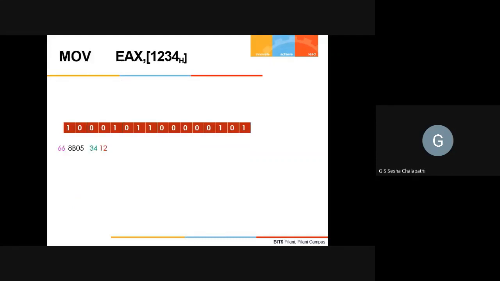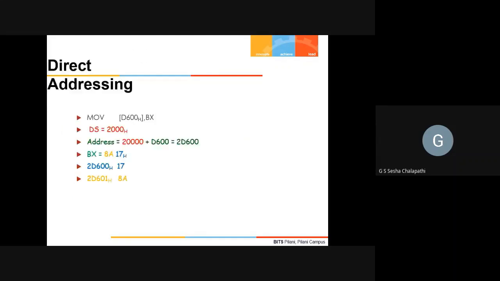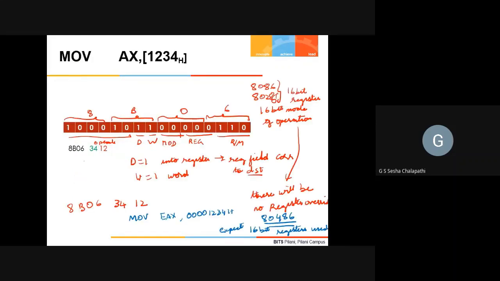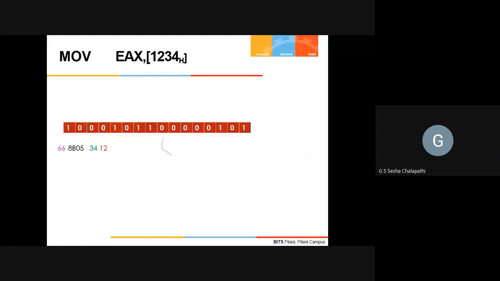MOV EAX, [1234H], that is in the direct addressing mode. Now as we have seen before, this will be 8B06H.